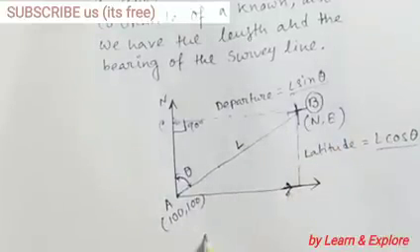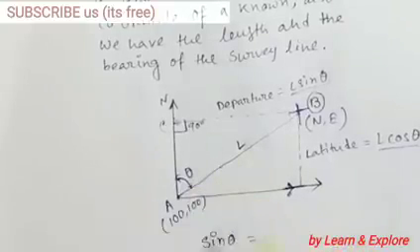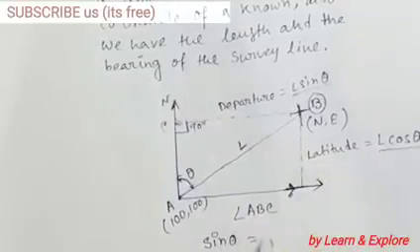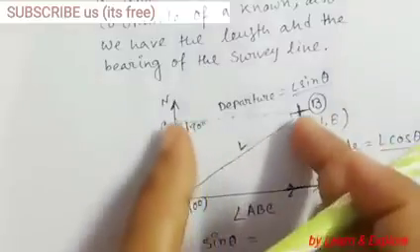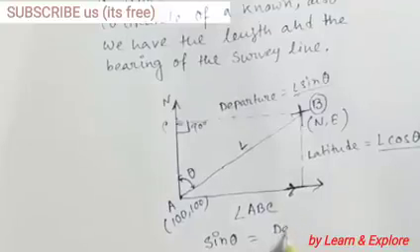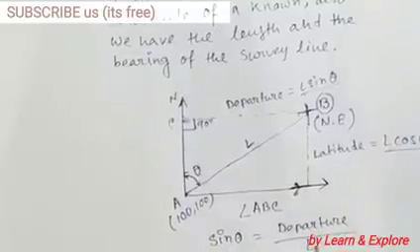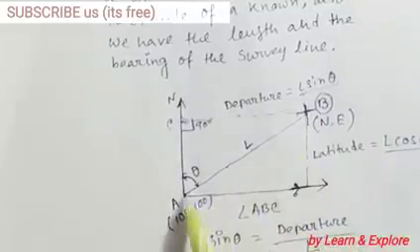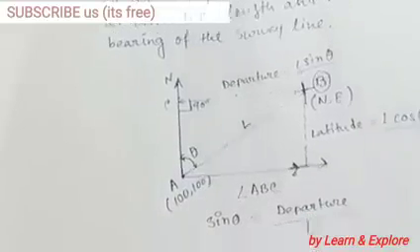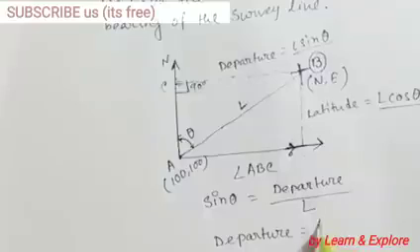Sin theta in triangle ABC is equal to perpendicular by hypotenuse. The perpendicular here is departure, whose value is not known, and the hypotenuse is this length L. So departure is equal to L sin theta.